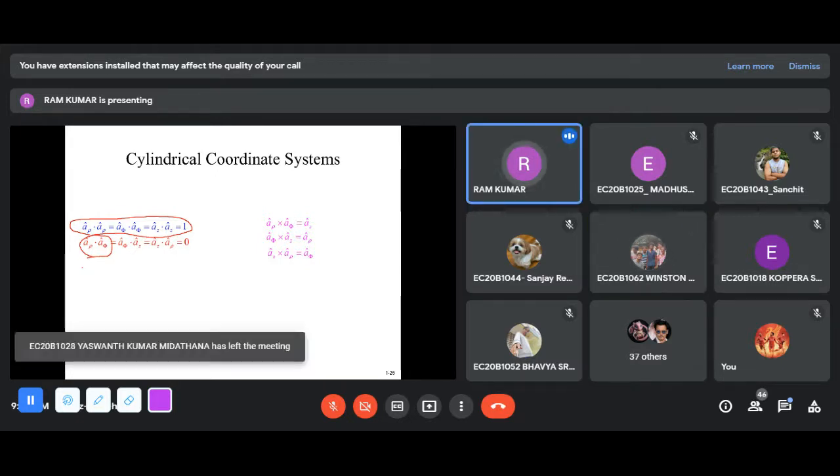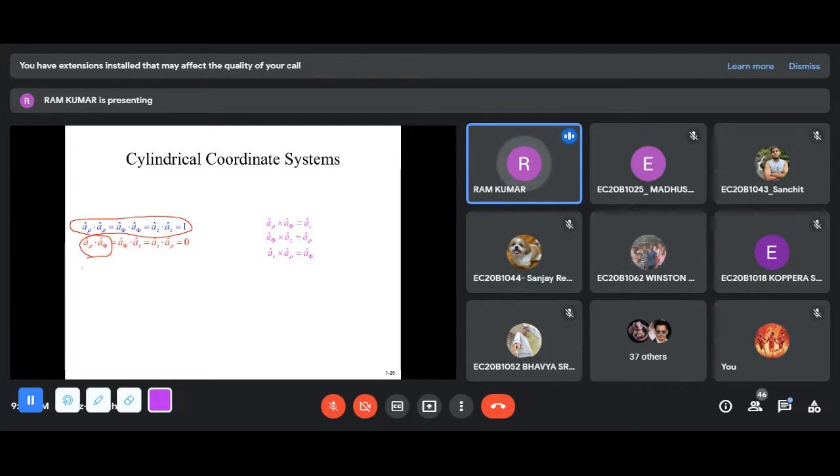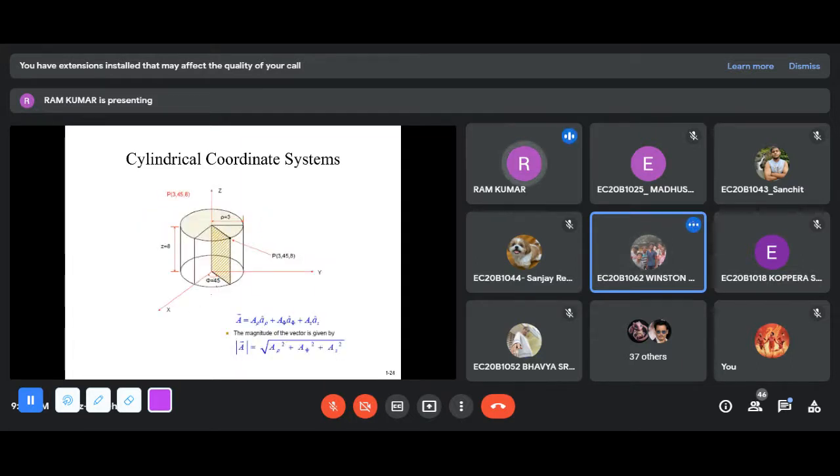This is not actually the angle. This is one of the parameters in a cylindrical coordinate system. That parameter's unit vector is represented as this a_phi vector. So according to this, the angle between a_rho and a_phi is 90 degrees, no, sir? Cos 90 will come, so it will become 0. You are using this, right?